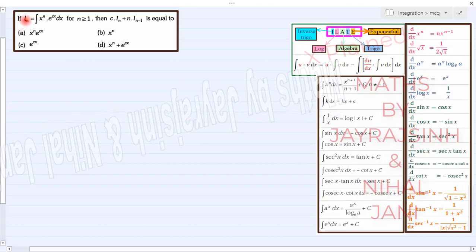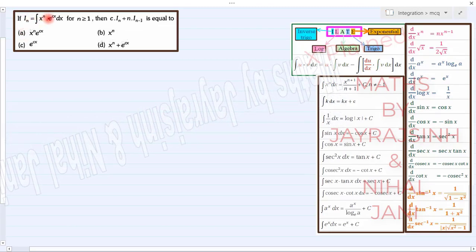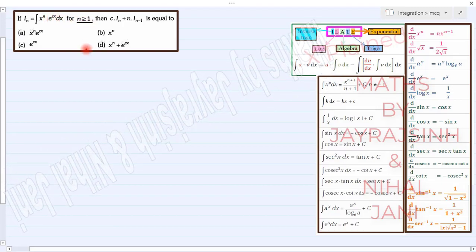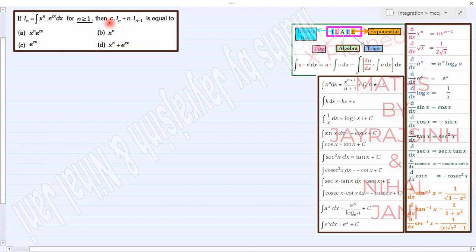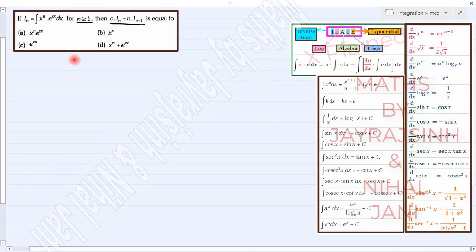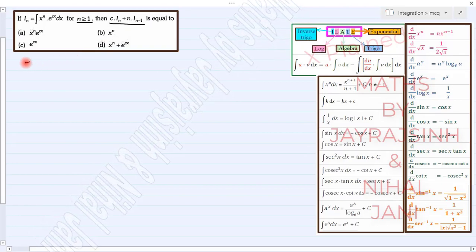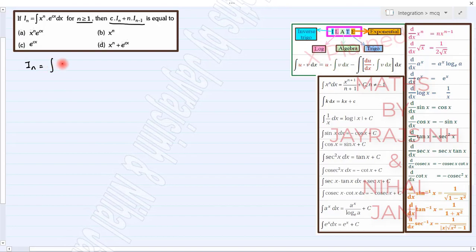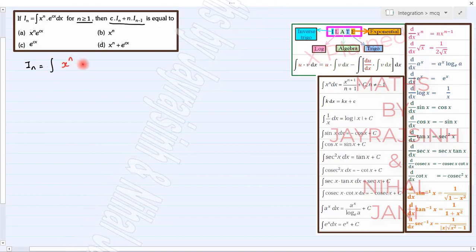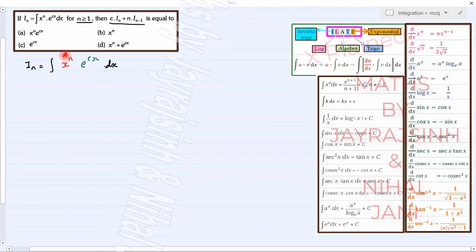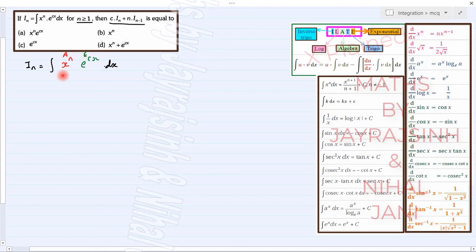Here, your In is integration of x raised to n into e raised to cx, where n is greater than or equal to 1. And we have to find out c into In plus n into I(n minus 1). So, first of all, let's try to simplify our In, which is integration of x raised to n and e raised to cx, which is a product of an algebraic term and an exponential.